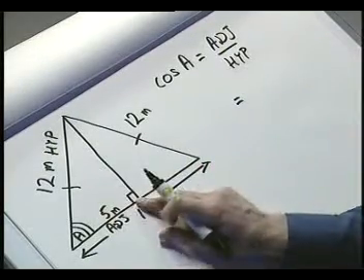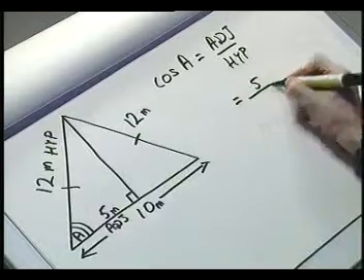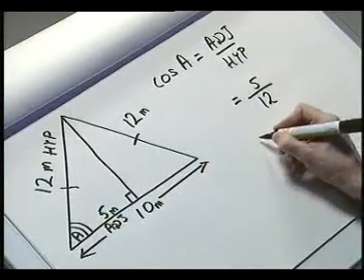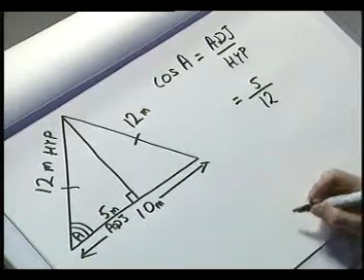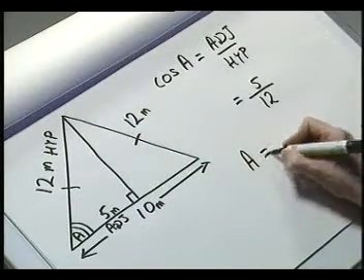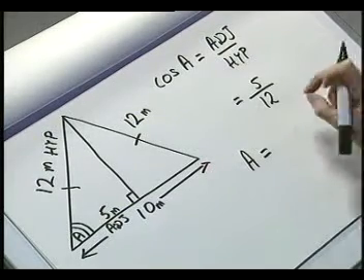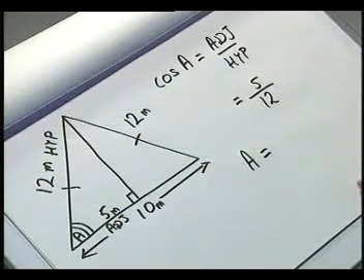The adjacent is 5. The hypotenuse is 12. Now, I've got a problem here. It says cos A is equal to 5 over 12, and I want the angle A. The angle A is the angle whose cosine is 5 over 12.